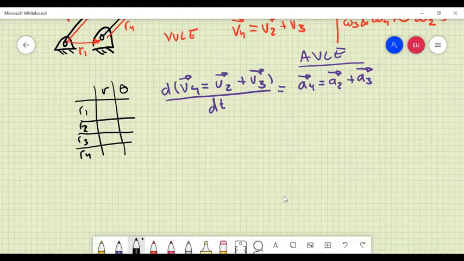Constant and constant. That's why it disappears in velocity. What about R2, R3, and R4? Constant and variable. So these are links, right? And links don't change their length. When they don't change the length, the magnitude stays the same, but they are allowed to rotate, so the orientation is changing.